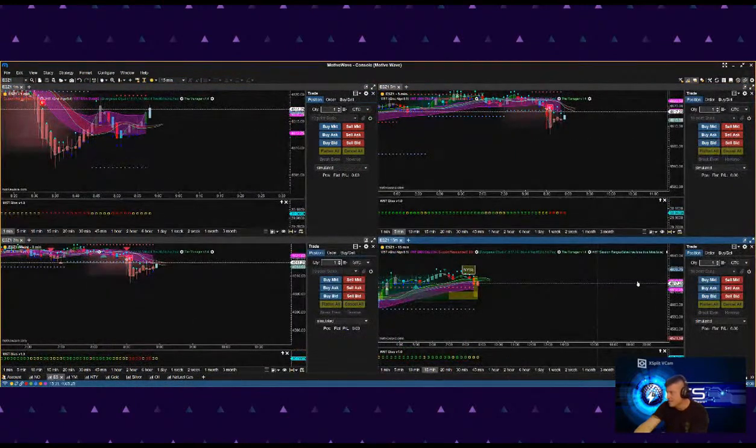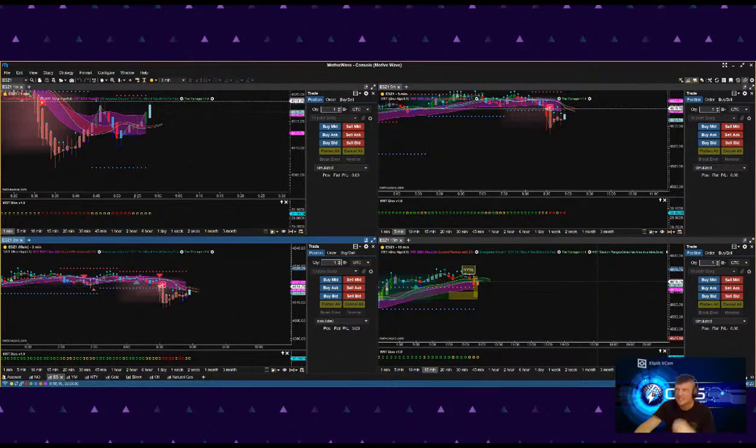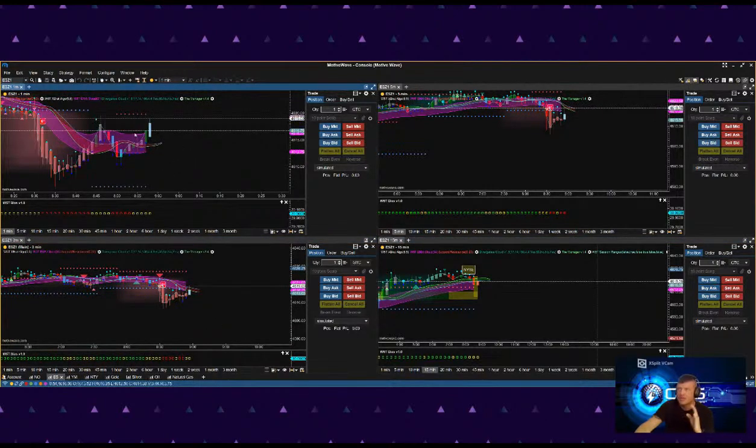Let's look at the ES here. Neutral still down here. And if you guys are having trouble seeing my screen, please let me know. That way I can make it larger. I like to see all my different time frames: 1 minute, 3 minute, 5 minute, 15 minute.